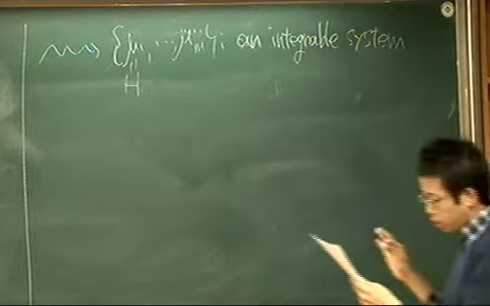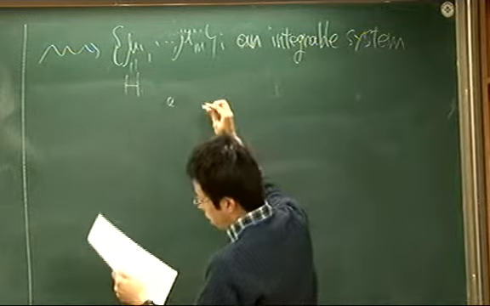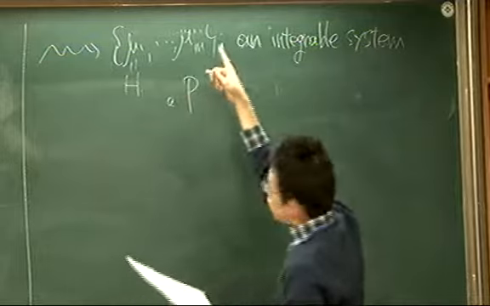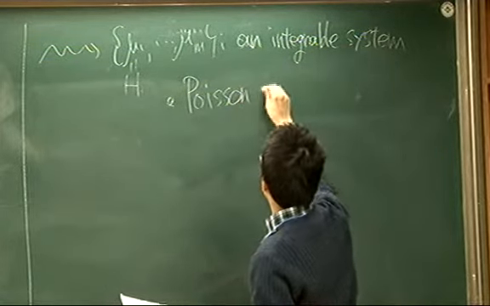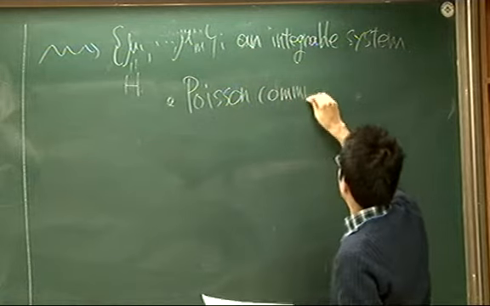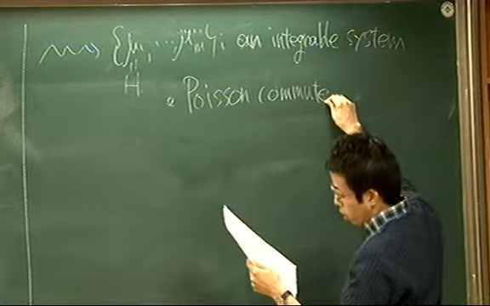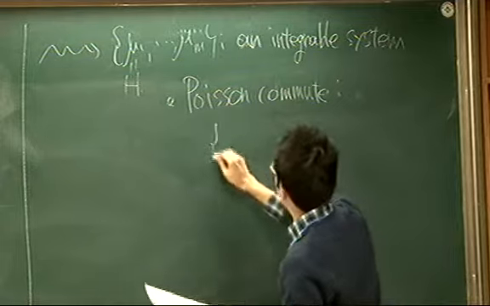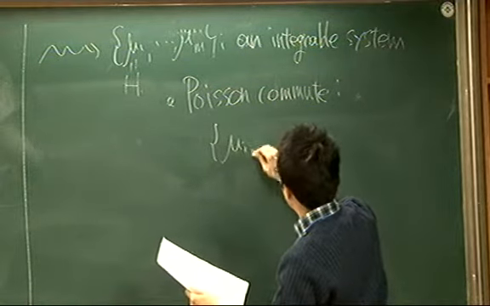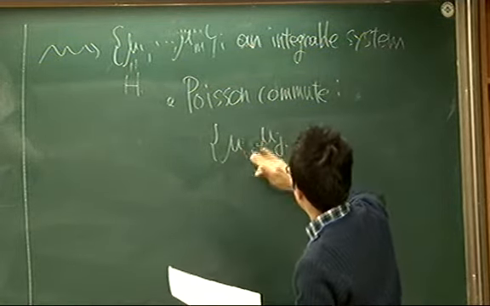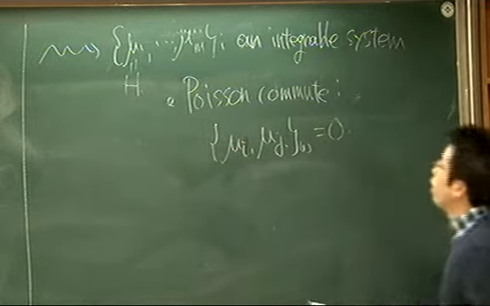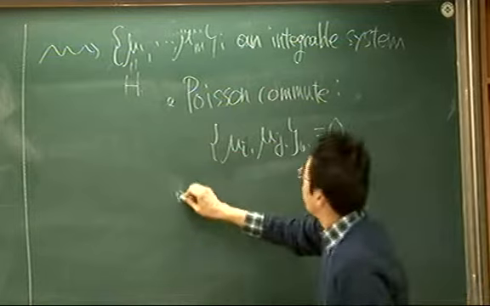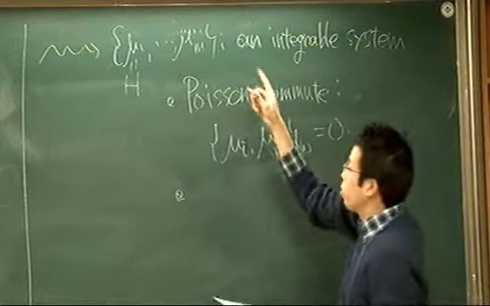That means these functions Poisson commute, that is, the Poisson bracket vanishes, and those functions are independent.